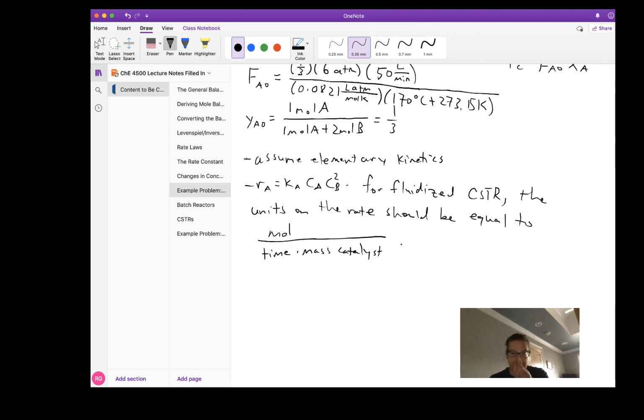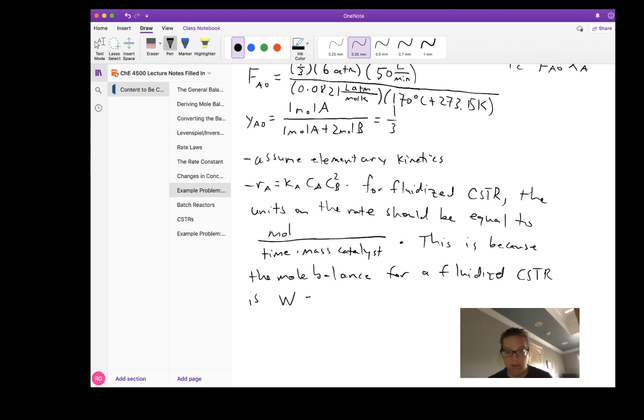And the reason for that is because the mole balance for a fluidized CSTR is written in terms of catalyst mass instead of volume.